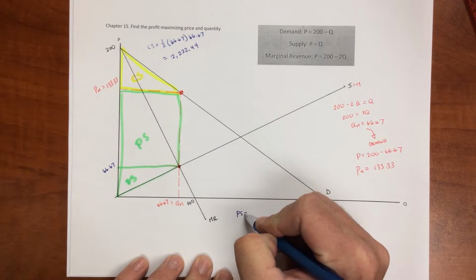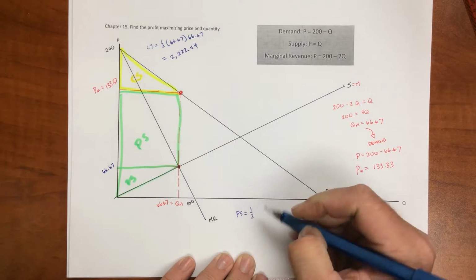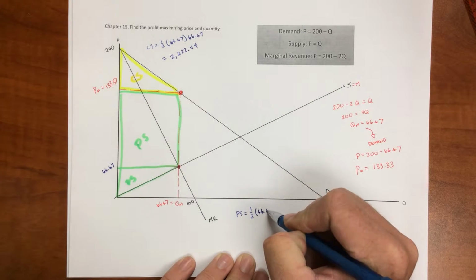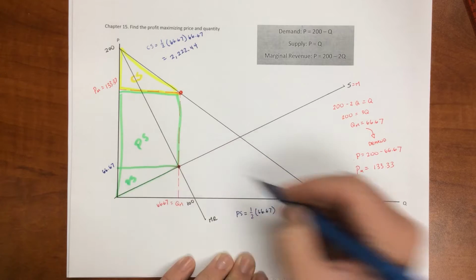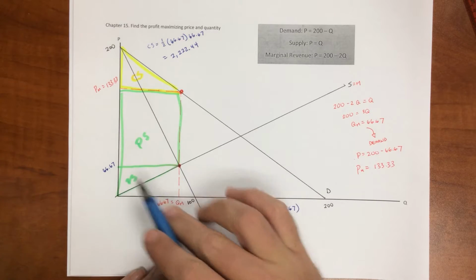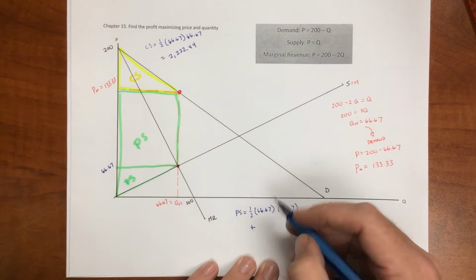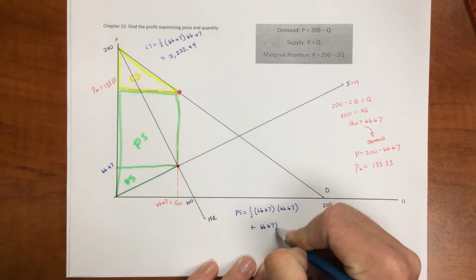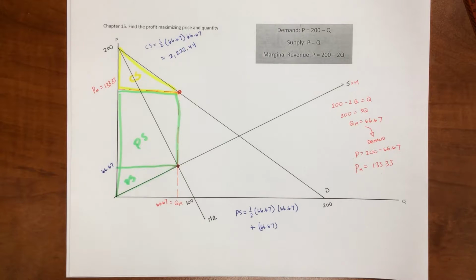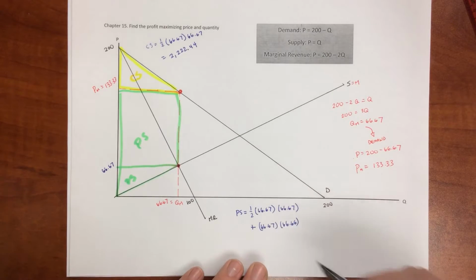So producer surplus is equal to, I'll do this one first, 1/2 base times height. 66.67 is the base times the height, 66.67. That's this little triangle here. And now to do the bigger one, it'll be plus base times height, 66.67 times 133.33 minus 66.67, which is about 66.66. Some rounding errors, that's all right.